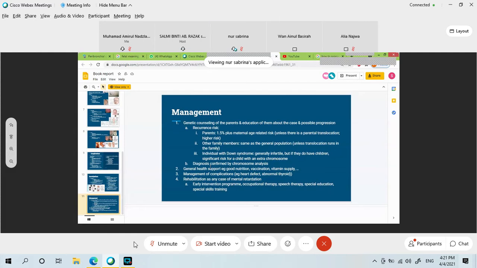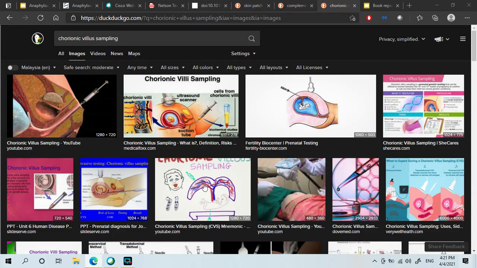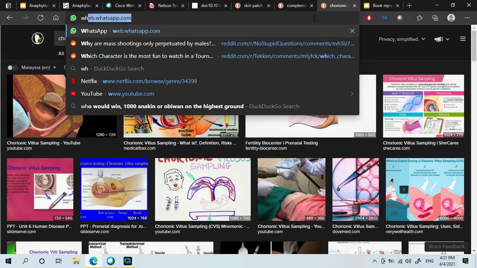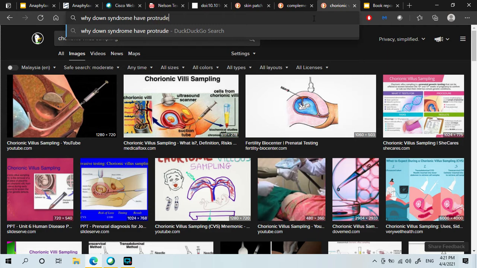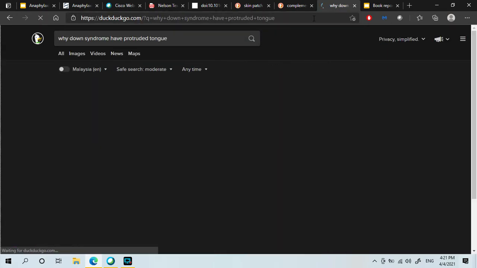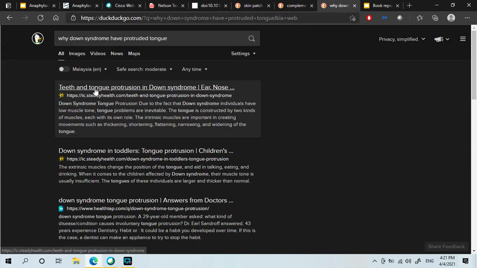Okay, and I know why should this patient having protruded tongue? Nampak protruded tongue, why? Because of the small maxilla. So maxilla is small. So lidah tu terkeluar. It is not the big tongue. It is not due to the big tongue. It's just the maxilla is small. So that's why nampak protruded tongue.